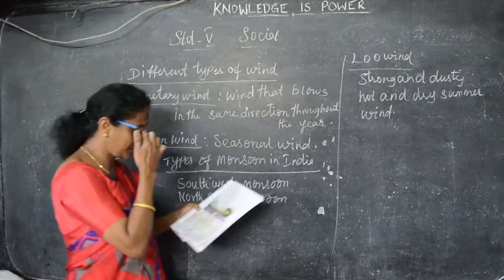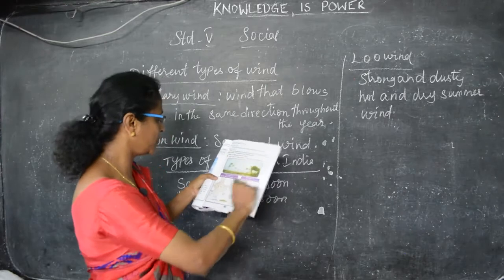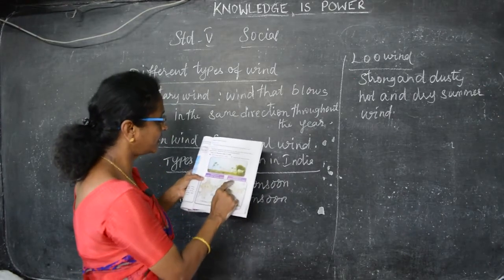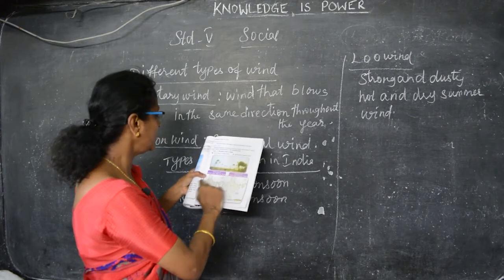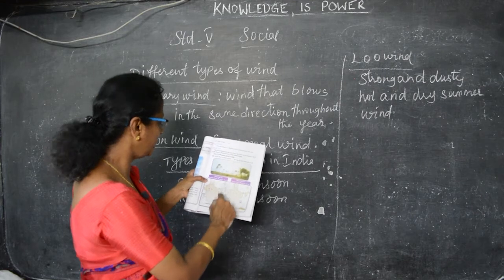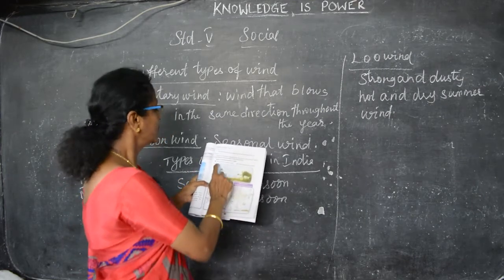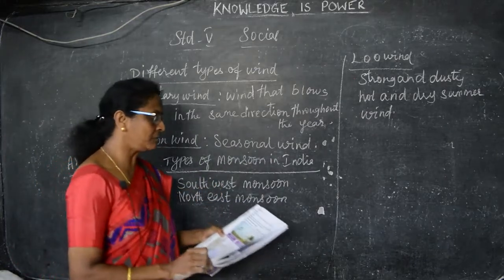You see the direction of the southwest monsoon and the direction of the northeast monsoon. This one is southwest, south and west, and this side it's going north to east. So the types of monsoon in India are the southwest monsoon and the northeast monsoon.